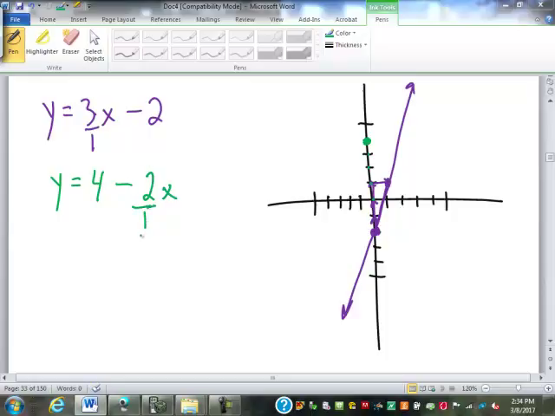So it's a negative 2 over 1. So from this point, do we go up or down? Down, and how far? We go down 2 spots, and we go over 1. Perfect. So there's the line that goes through those 2 points.